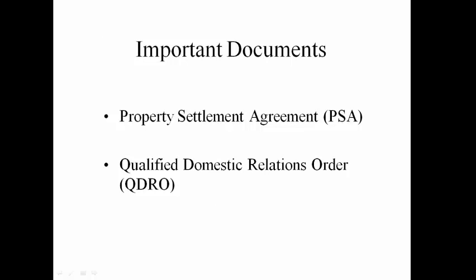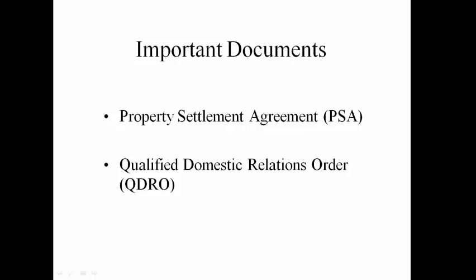There are two important documents that advisors and deliberating divorcing couples must address when the divorce is imminent. The first is called the Property Settlement Agreement, or the PSA. The Property Settlement Agreement will describe the how and the when all assets in a marital estate are to be divided.